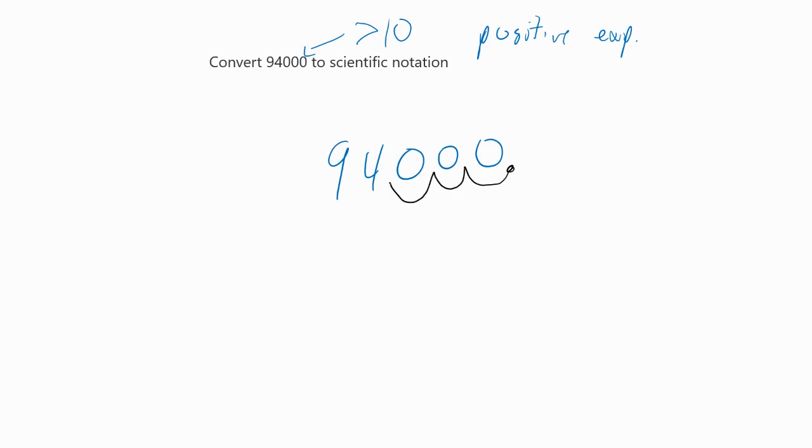So that's going to be right here. So we want to move it to there so that the only number to the left is the 9. And since that was 4 jumps, that would make this 9.4 times 10 to the power of positive 4. It's positive because it's a big number, much bigger than 1. So that's why we have it as positive 4.